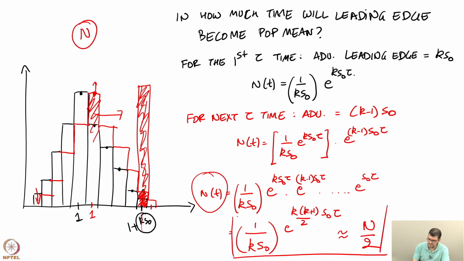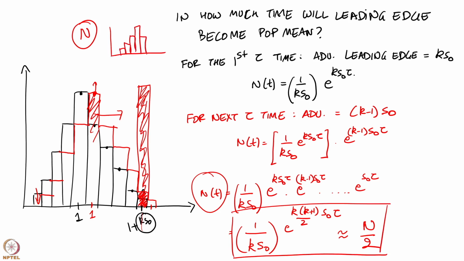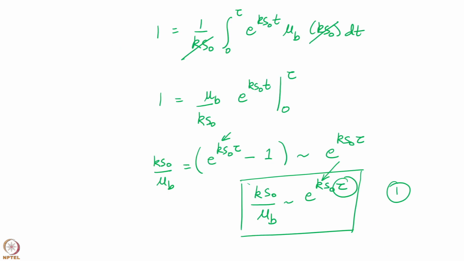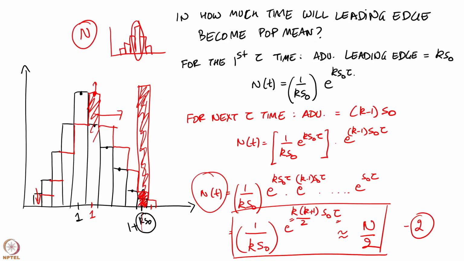About half the cells are in the traveling wave model. If this is the distribution I get, about half the cells are just present here, and if I plug that here, this is my second equation, where the only unknowns are k and tau. This, coupled with the first equation, where again the only unknowns are k and tau, I can solve these two equations for the values of k and tau.